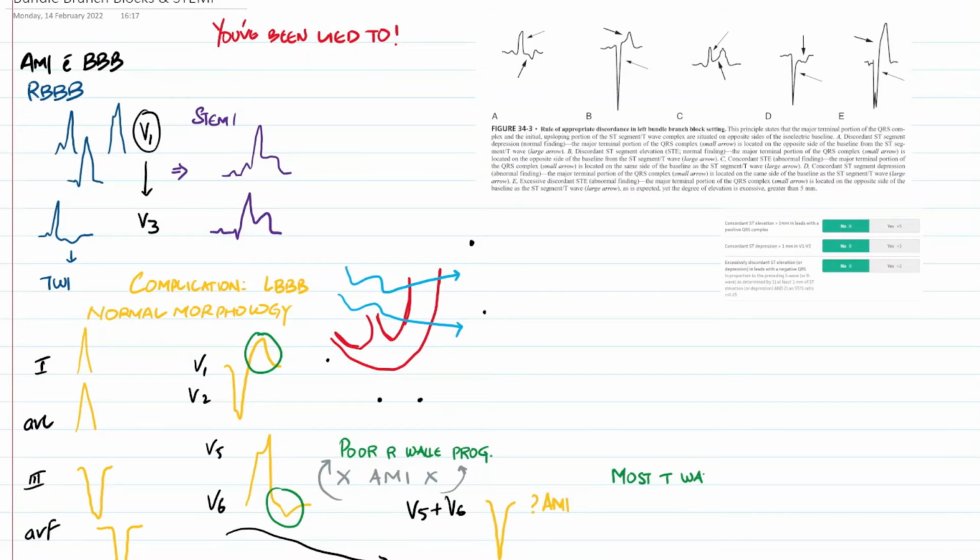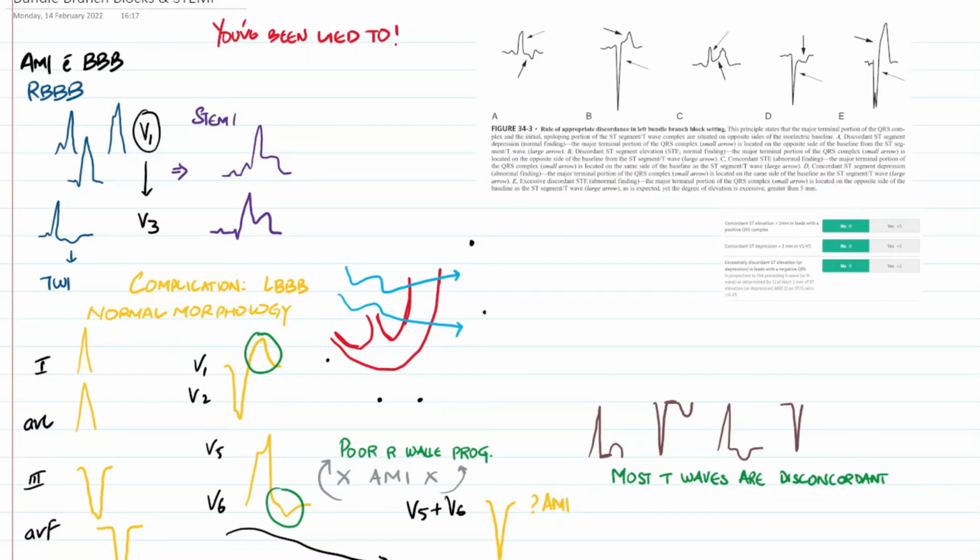Now take a look at those T waves. Most T waves in a left bundle branch block setting are going to be discordant. Talking about discordance and concordance, concordance is basically the fact that the QRS complex and the direction of the T wave are going to be in the same direction.